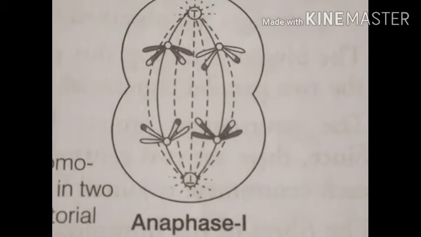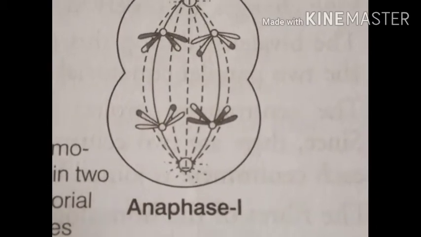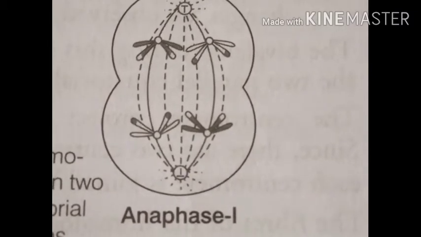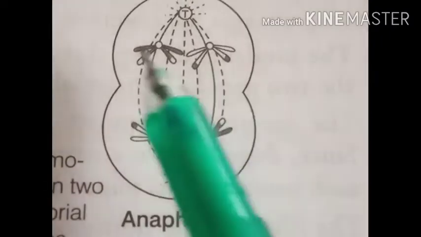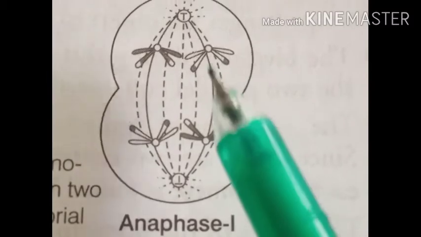After metaphase 1, the anaphase 1 substage starts, in which the homologous chromosomes break their connection with each other and get separated.